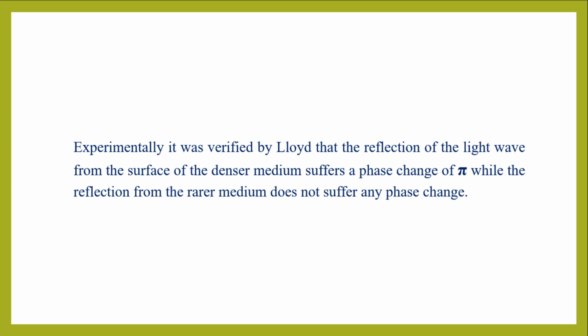This was experimentally confirmed by Lloyd that reflection of the light wave from the surface of the denser medium suffers a phase change of pi, while the reflection from the rarer medium does not suffer any phase change.